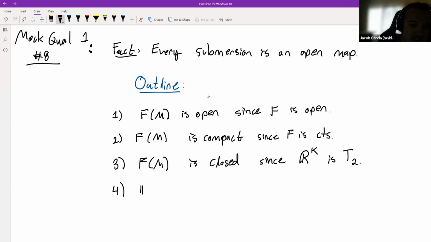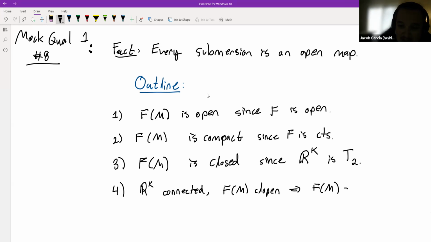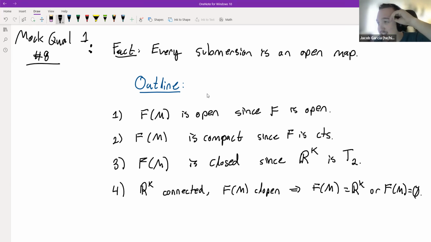Then, R^k connected and f(M) clopen implies that f(M) is equal to all of R^k, or f(M) is the empty set, right? Because being closed and open means that it's a component, so R^k only has one component. So either it's all of R^k or it's the empty set.